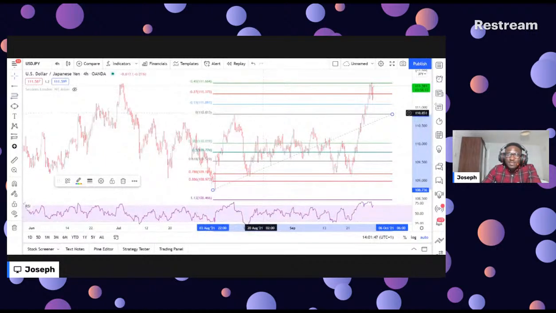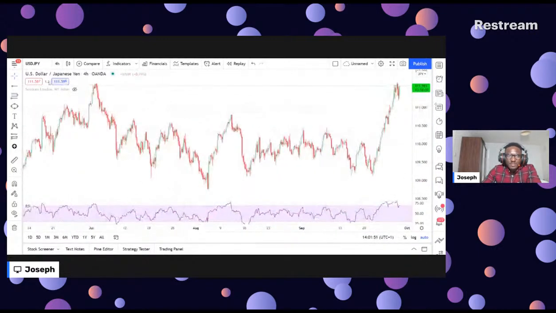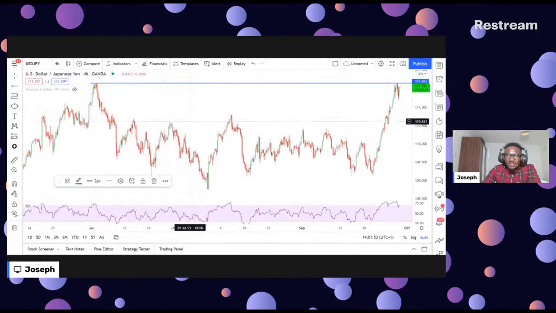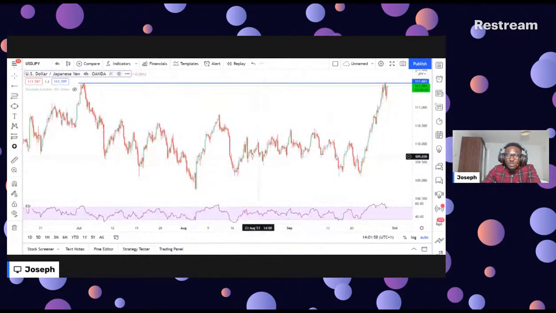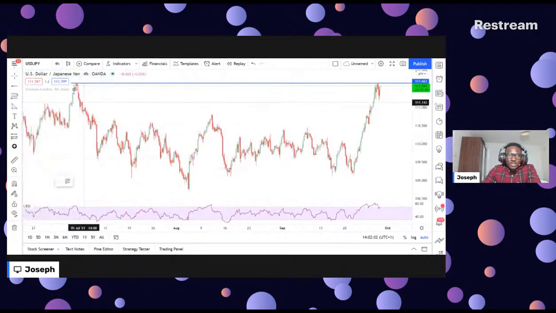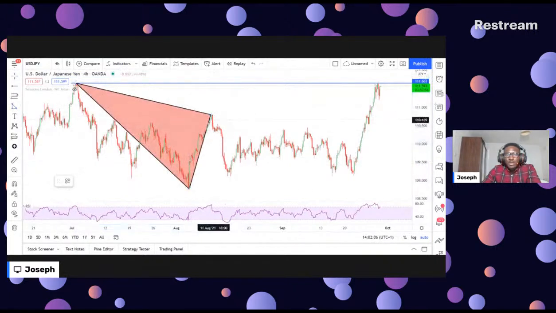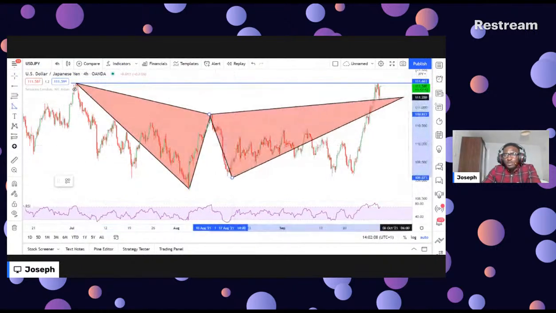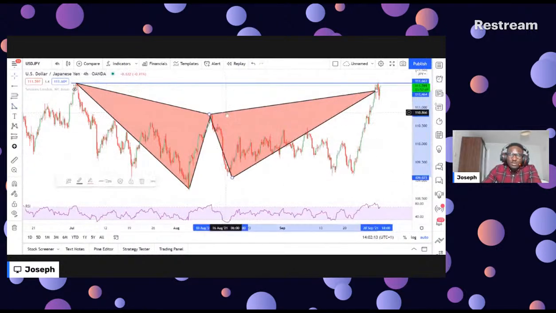Yeah, this does look interesting, I have to say. It looks completely oversold at a previous structure, and you've got the formation of an advanced pattern, a bearish godly pattern, which completed just a little bit below there. So yeah, this looks very interesting.